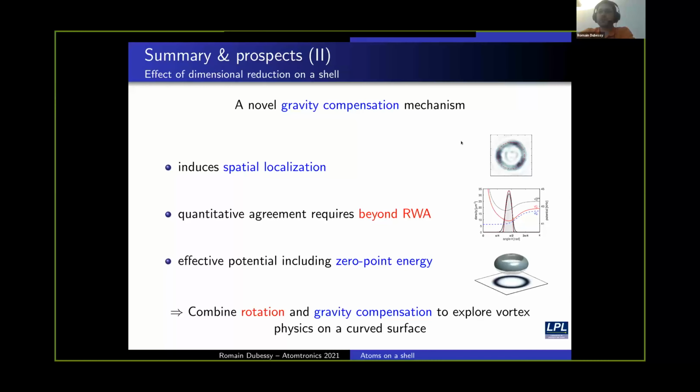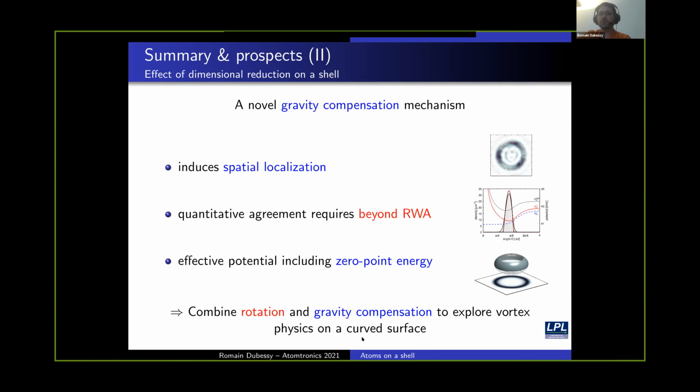In the second set of experiments, I explained a novel gravity compensation mechanism for this quadrupole dressed trap. I have shown that it enables us to explore a large fraction of the bubble surface, but at the cost of forming an annular shape at some point, and this localization is induced by the zero-point energy of the transverse degree of freedom.